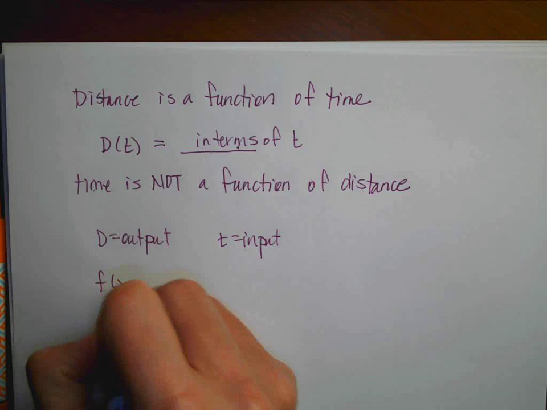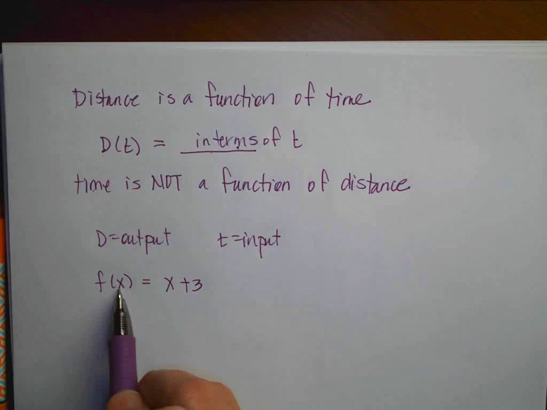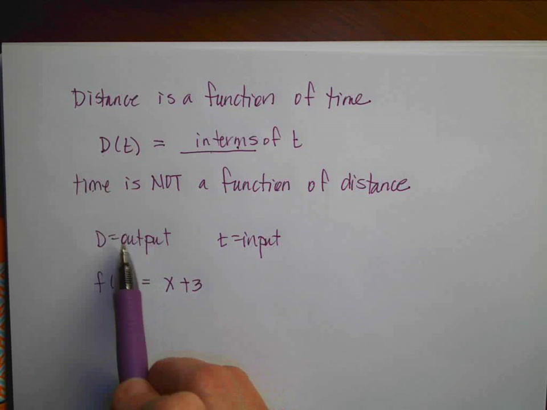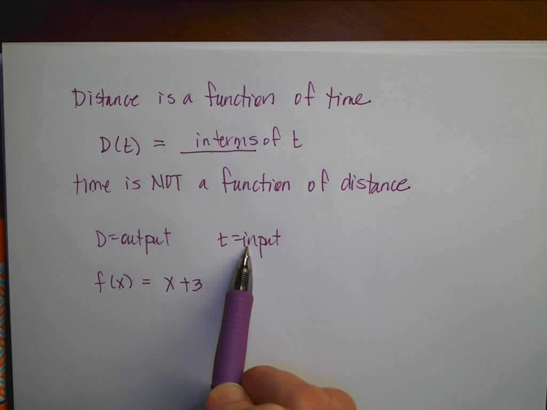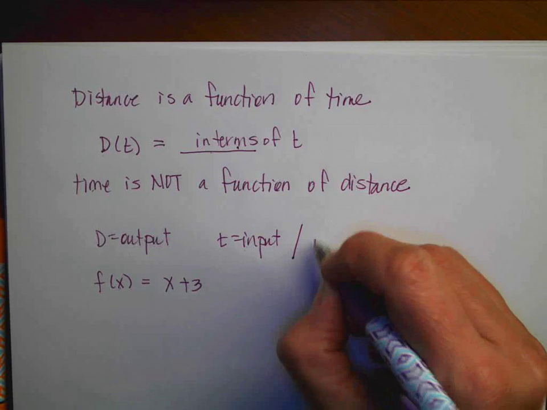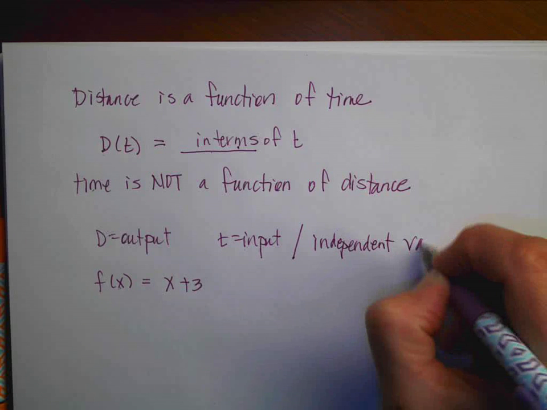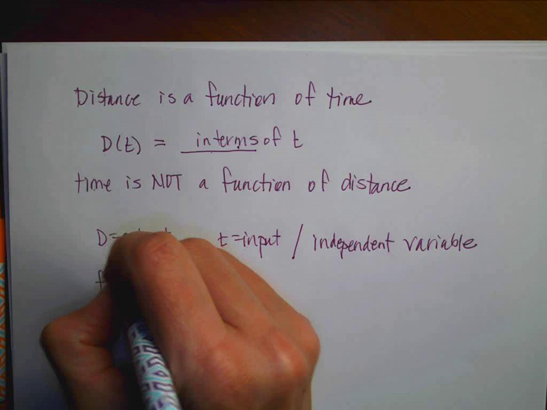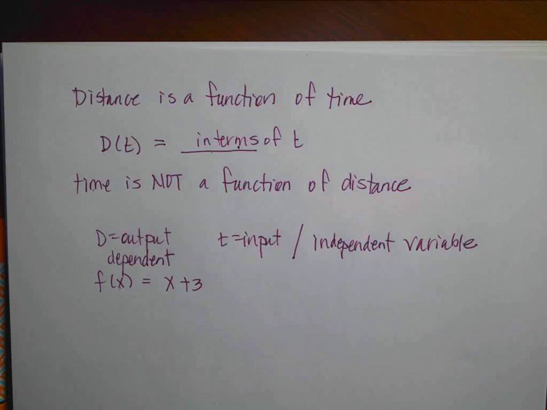So another way that you're used to seeing it would be f of x. Maybe it says it's x plus 3. X is the input, f of x is the output, which would be, so in this particular situation, D is considered the output and T is the input. And remember, that also means that it is the independent variable, and then your output is your dependent variable. Okay? Alrighty, so just a little bit of vocabulary.